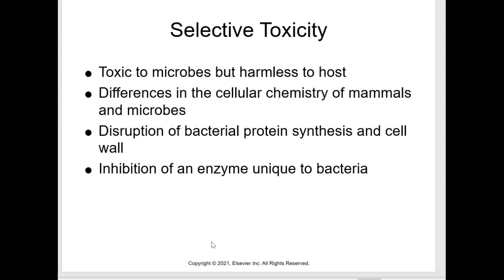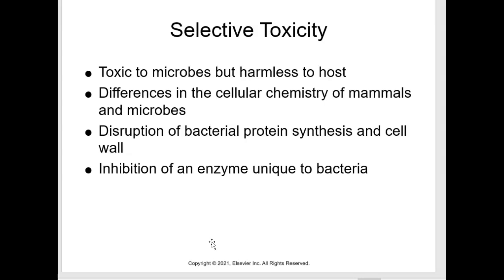The first thing your book talks about is selective toxicity, defined as the ability of a drug to injure a target cell or a target organism without injuring other cells or organisms that are in intimate contact with the target. So if you had an abscess sitting on the skin, for example, we want to give drugs that are selectively toxic to that bacteria, but not to our healthy skin around it.